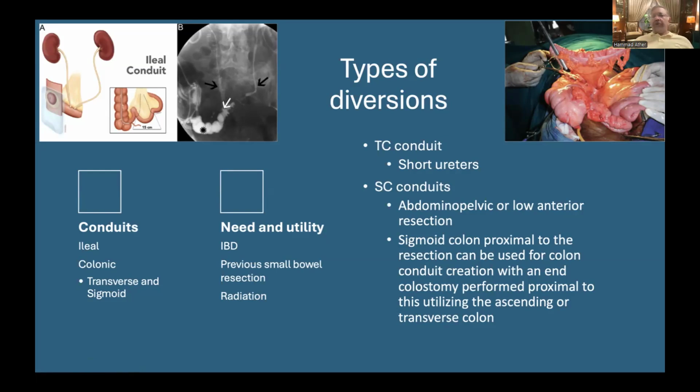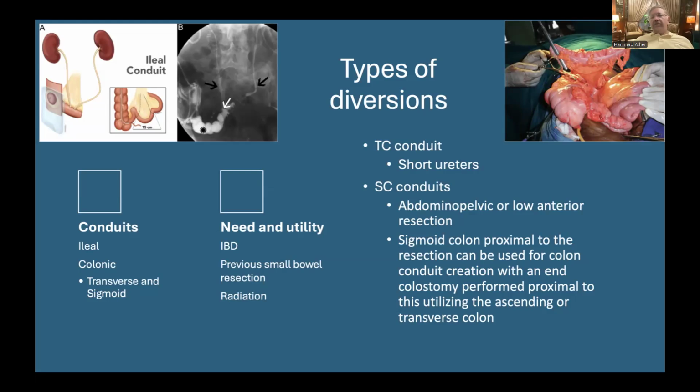The transverse colonic conduit is an option which is probably the most suitable one for short ureters. And this typically happens when you have CIS, or positive surgical margin, or positive frozen sections on your repeated ureteric resections. And in the end, you find that ureters are very short and they could not be diverted, or if there is radiation.